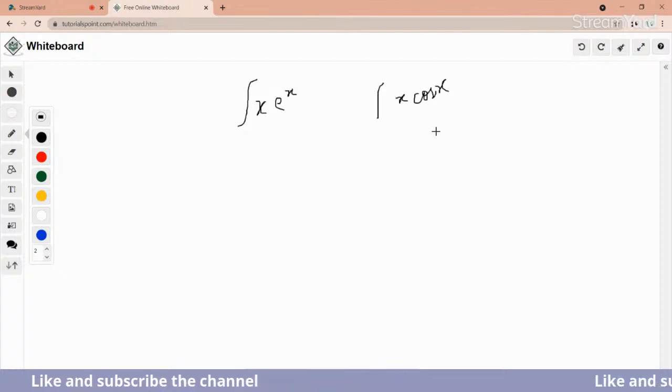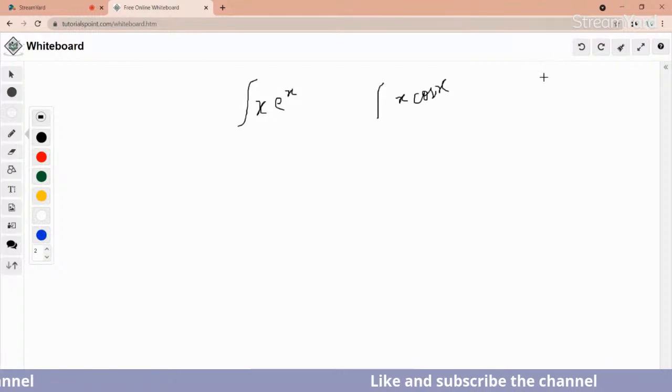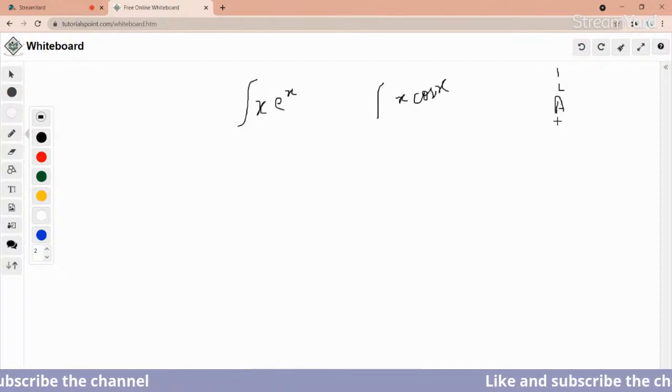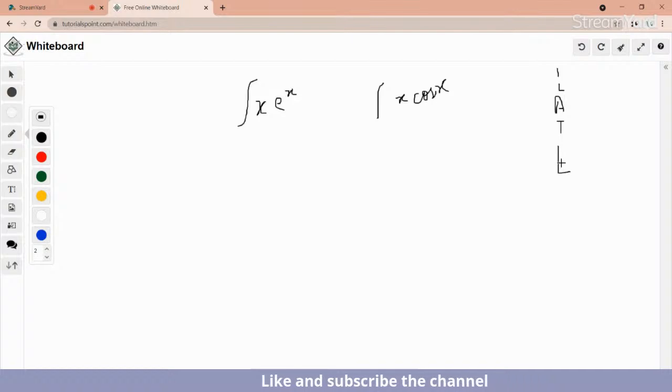What you will do, we have to follow an order and integrate them, and I will give you the formula for integration. Firstly, follow the order: I, L, A, T and E.